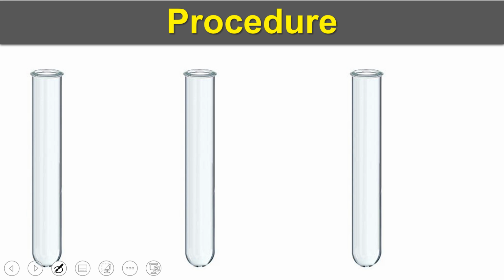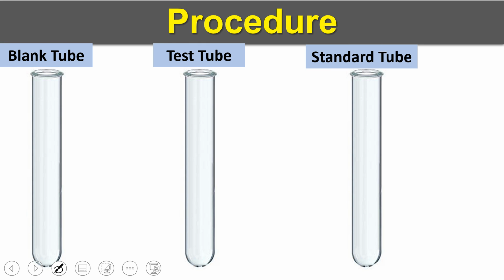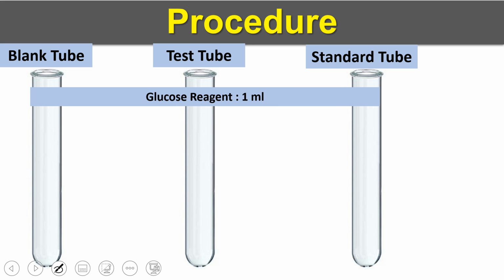What is the procedure? We are going to take 3 different test tubes, and designate them as blank test tube B, test tube T, and standard test tube S. In all three tubes we are going to put 1 ml glucose reagent, which contains glucose oxidase, peroxidase, 4-amino antipyrine, sodium azide and phenol.